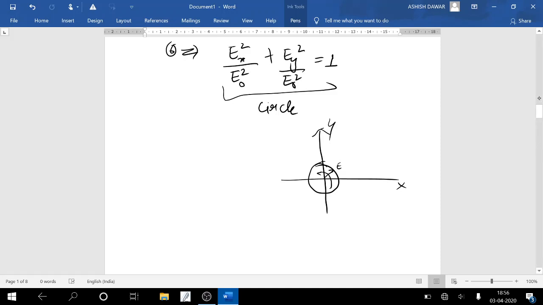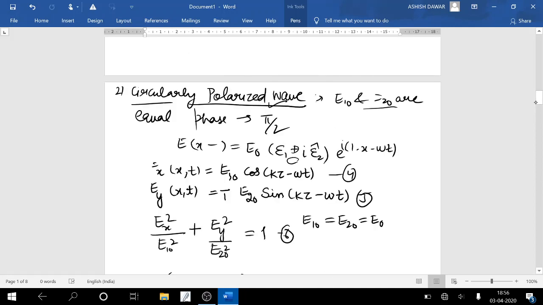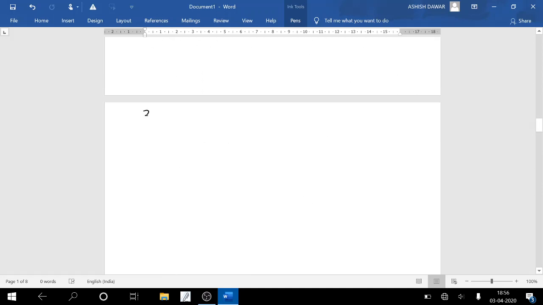So look again at equation number 6. If we see it clearly, if E10 and E20 are not equal, then this gives us an equation of an ellipse, which is our third case of polarization. The third one is the elliptically polarized wave.